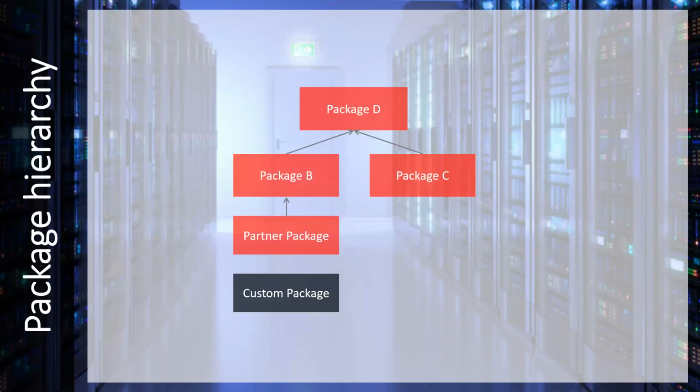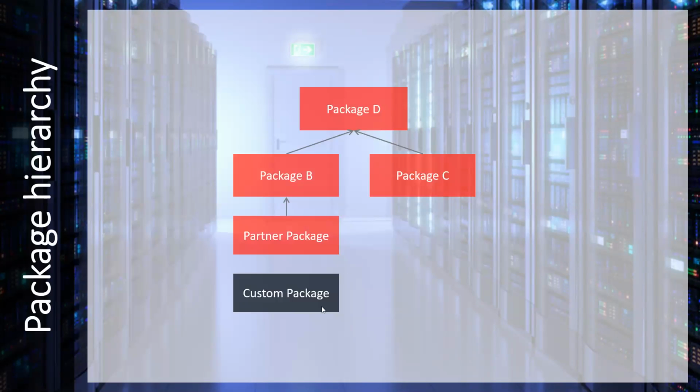Was it the customer's customizations that broke it? Was it the partner's functionality that broke the section? Was it all together? Maybe there was some inbuilt bug. How do we know which customization was the customer's, which customization was the partner's, and so on? So we do recommend creating a partner package. We're going to see a little later on exactly how we can create this in the back end.